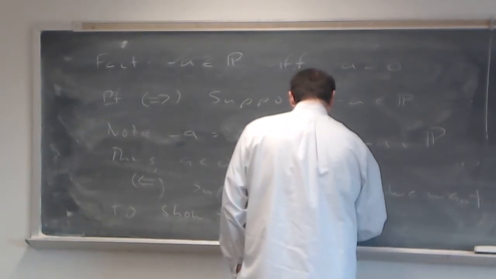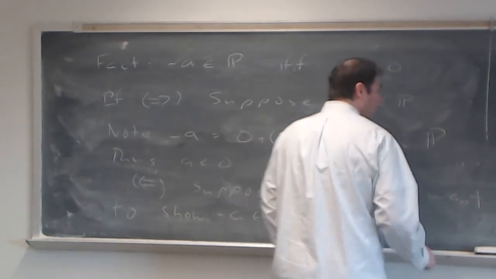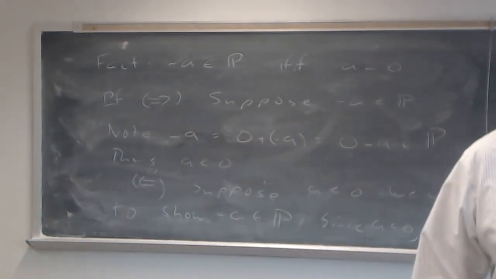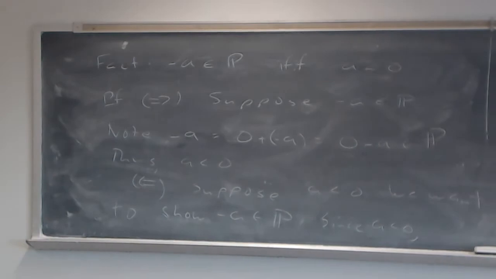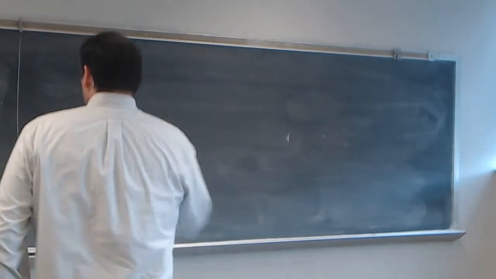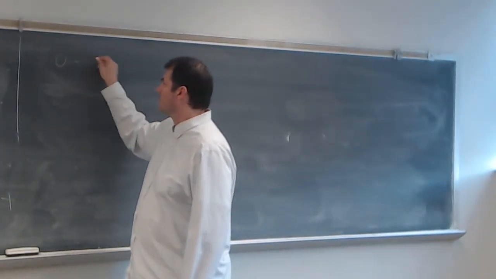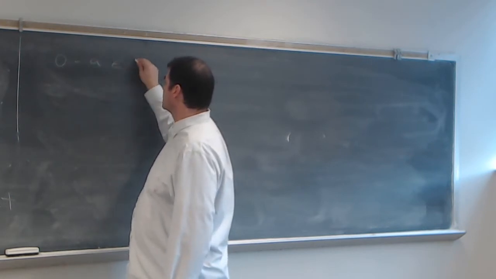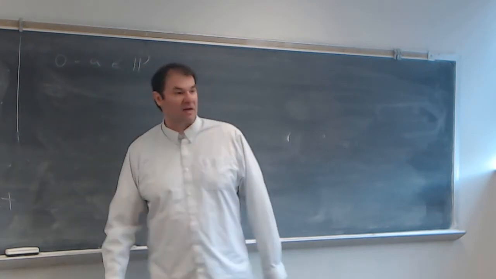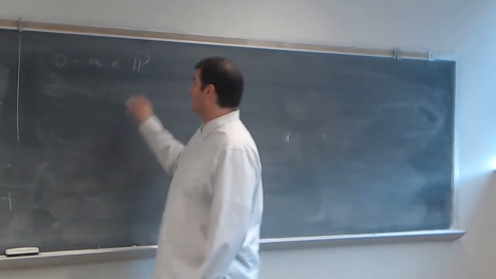Okay, well, since A is less than 0, then what can we say? What's the definition of less than give to us? 0 minus a is a positive number. That's by definition of less than. That's exactly right. Okay, what is 0 minus a?